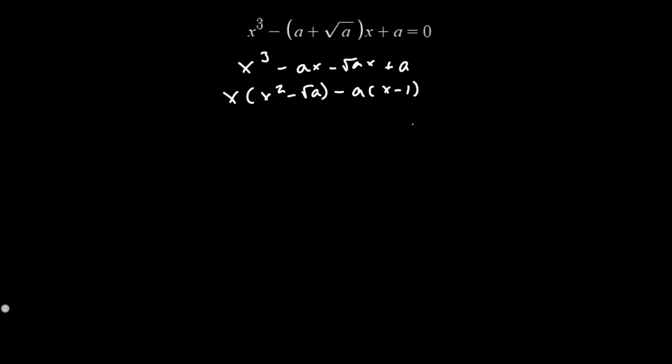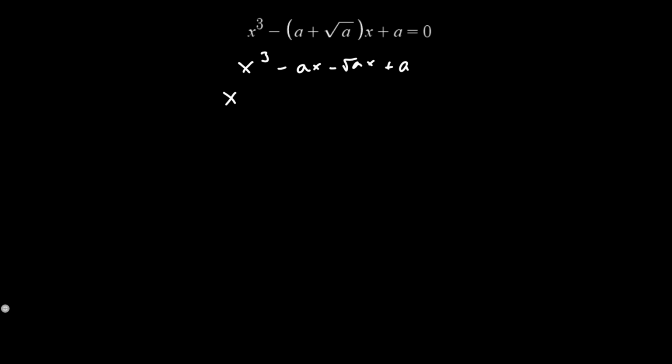So here we see that we have x squared minus root a, and that's not really going to help us. But if we notice that we have the square root of a, we can use the difference of squares, which will result in a square root of a if we simply use a x.